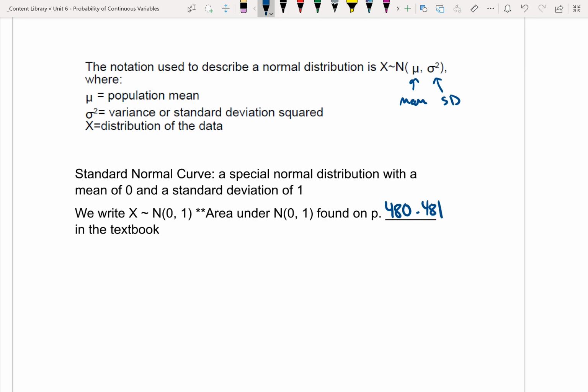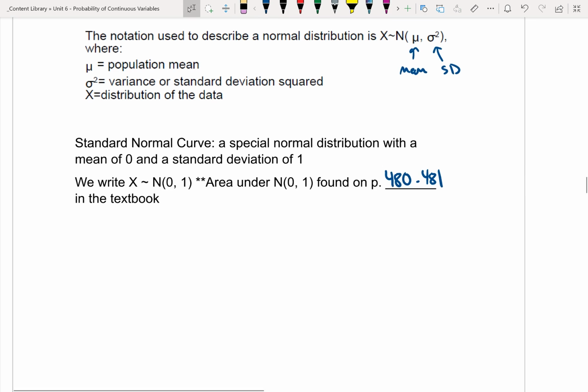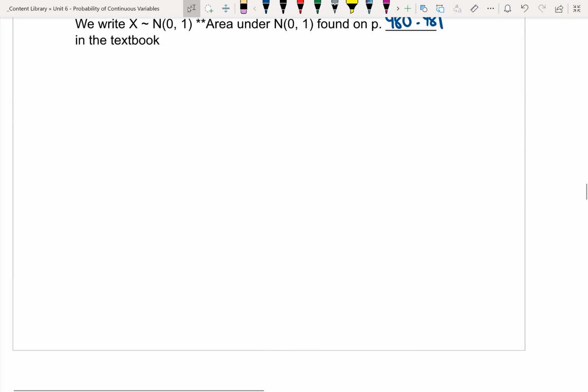This will give you all the probabilities for certain standard deviations away from the mean. So you can use this if you get a standard deviation that is not nice, like 1 or 2 or 3. This page would be used as a reference to tell us what the probability is.